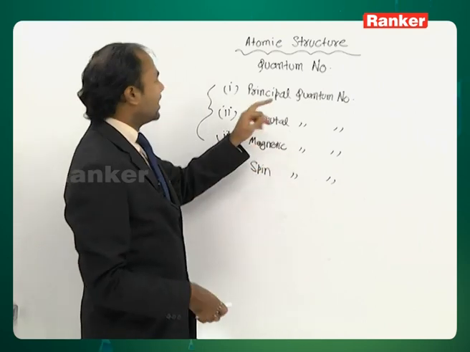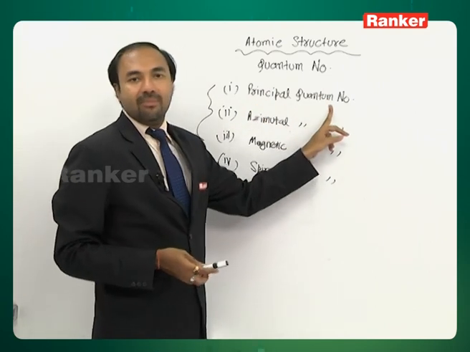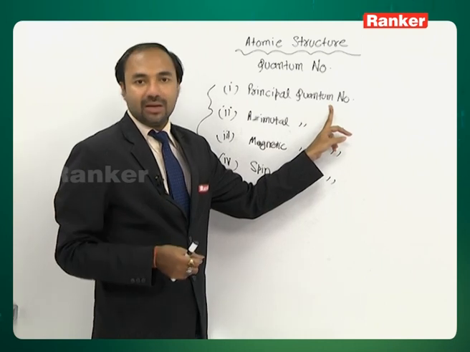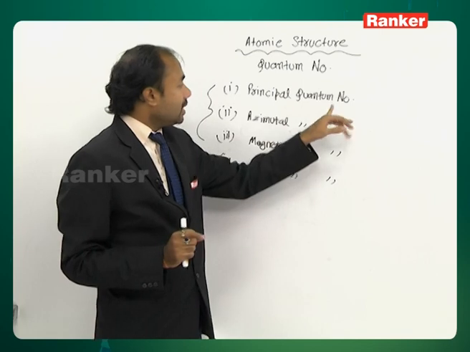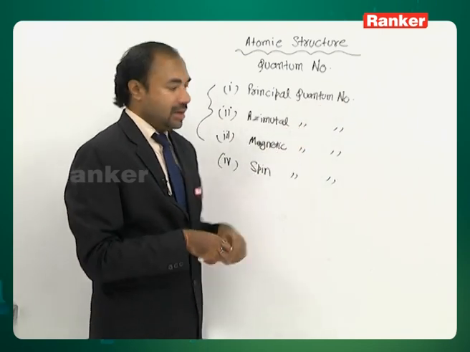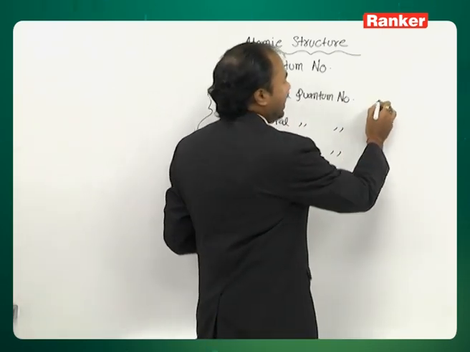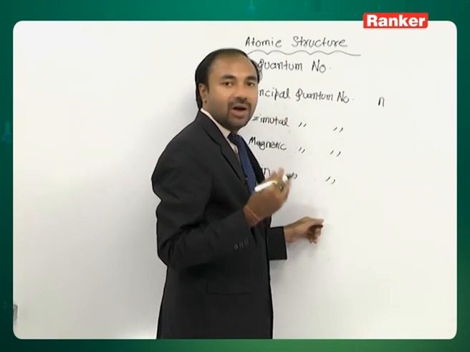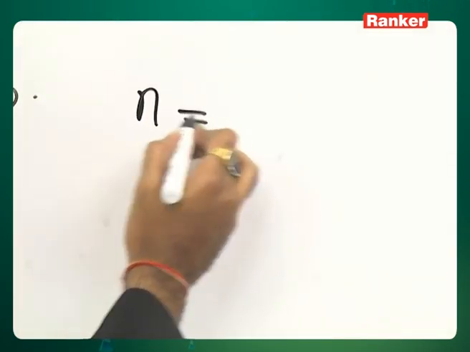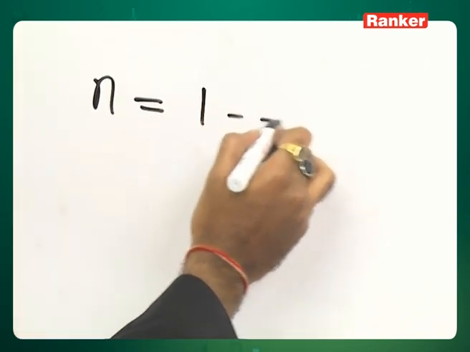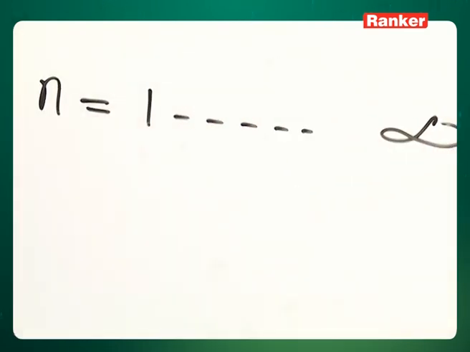Got it? So what happens here? The principal quantum number tells us about the shell number, in which particular shell the electron is present. The principal quantum number is usually denoted by the symbol n, and for a particular electron of a particular element, we can have any value of n starting from 1 up to infinity.